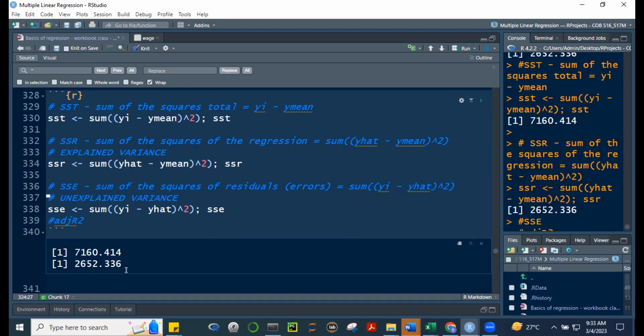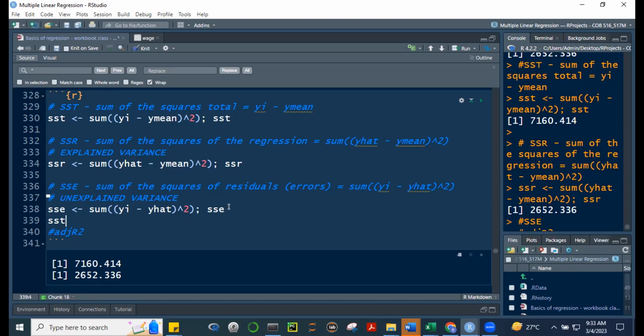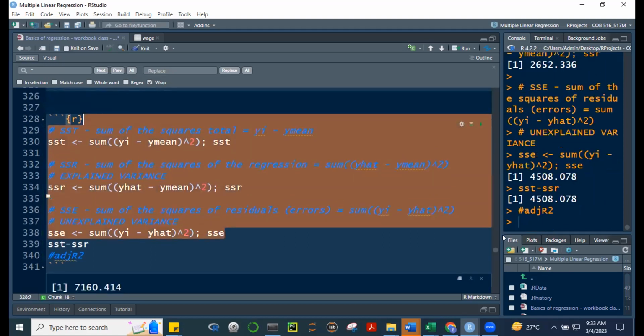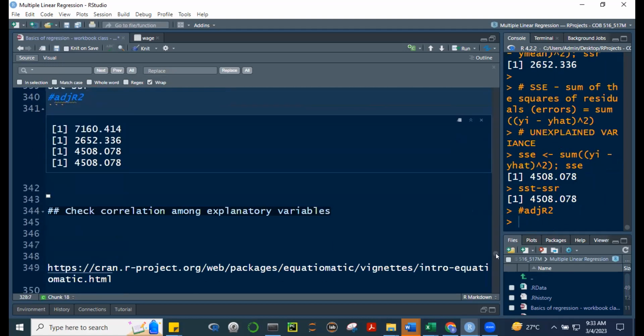And of course, we know that the unexplained will just be the difference of this. Okay, so let's just write here also SST minus SSR. Okay, let's compare this. And I'm going to run all of this. All right. So here we can see that SST is 7160.